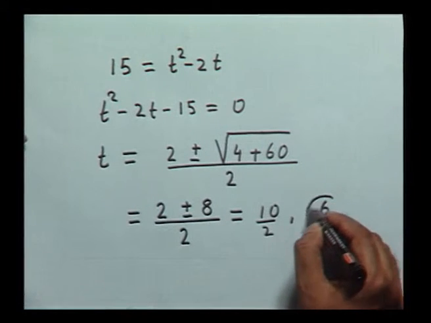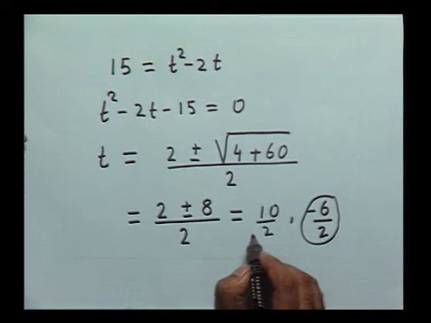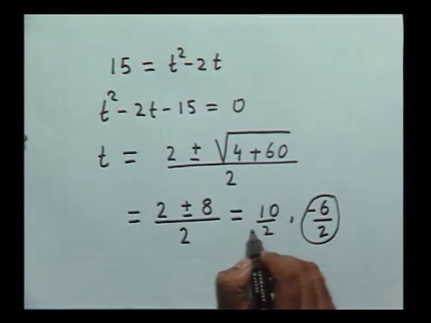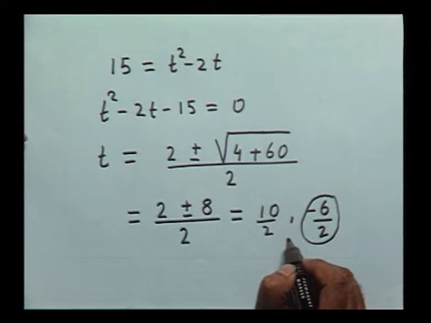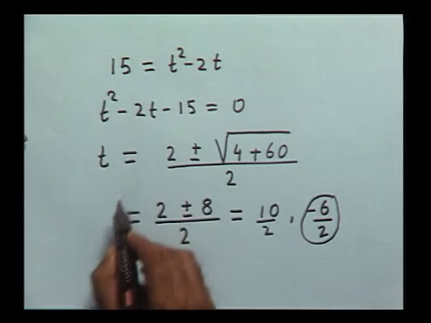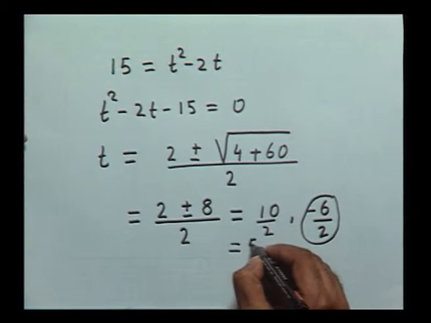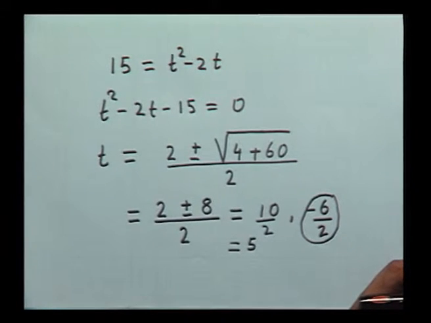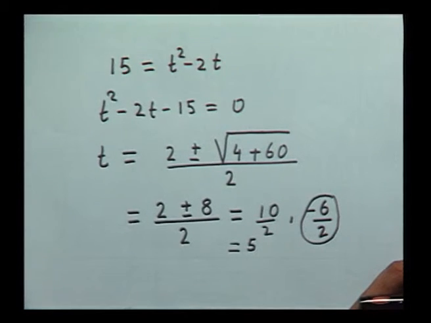We discount this straight away because our car is moving in a straight line, so its distance is always being measured as a positive quantity. So, at the point where the car has reached 15 kilometers, the instant of time is going to be equal to 5. Okay. Now, the question asked was, what is the speedometer reading when the car has reached 15 kilometers? Well, the car reaches 15 kilometers at the instant of time t equal to 5. Let us find the velocity of the car at instant of time t equal to 5.